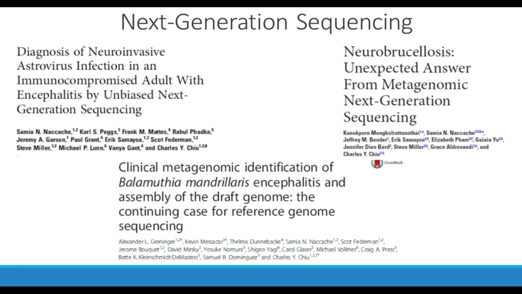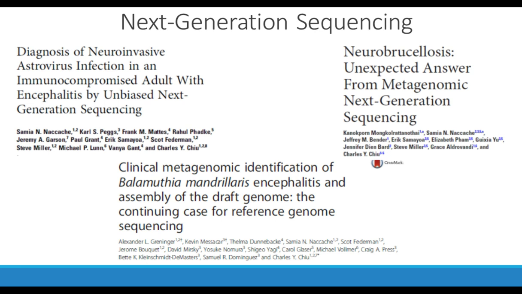This is an excellent tool, but the ability to do this on a large scale is still somewhat unknown. The positive cases are the ones that are getting the headlines. There's still a large number of these cases that are negative.